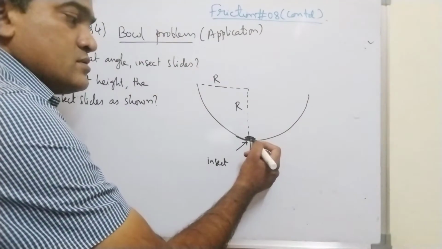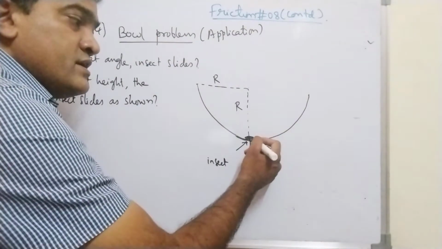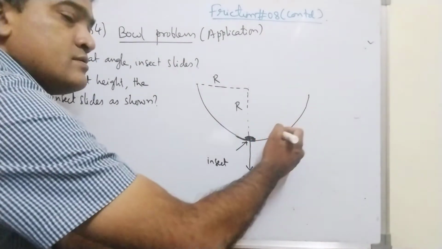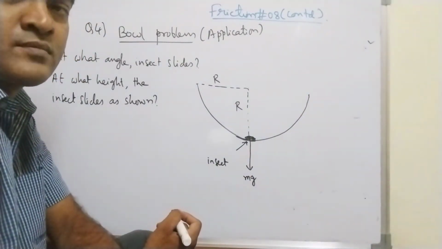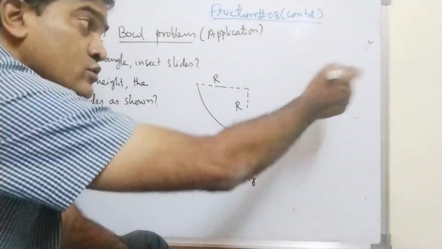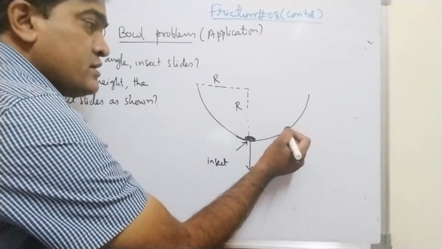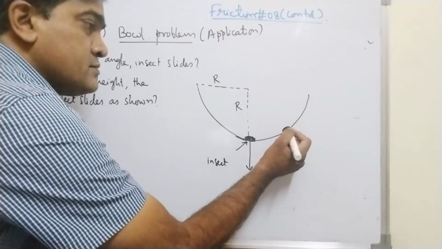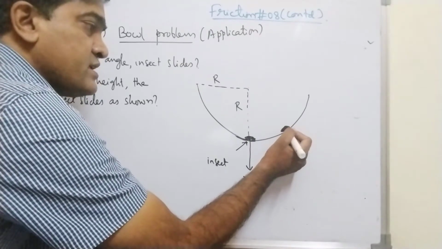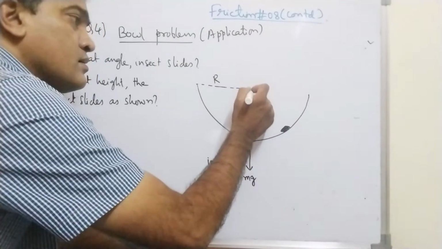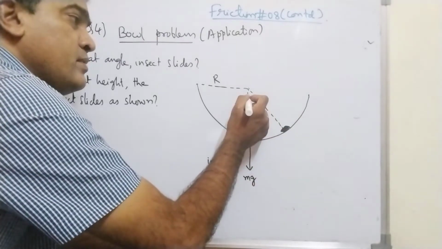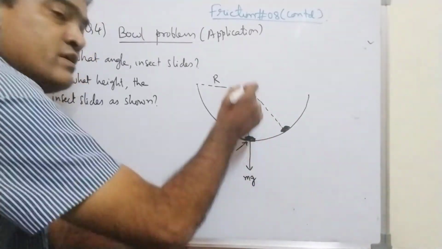Now it starts crawling on the hemispherical bowl. It wants to try to come out of the bowl. Let's say it reaches this point. Insect reached here, making an angle theta with the vertical.